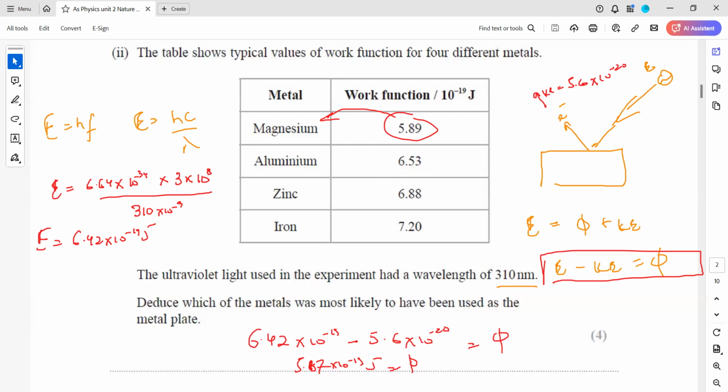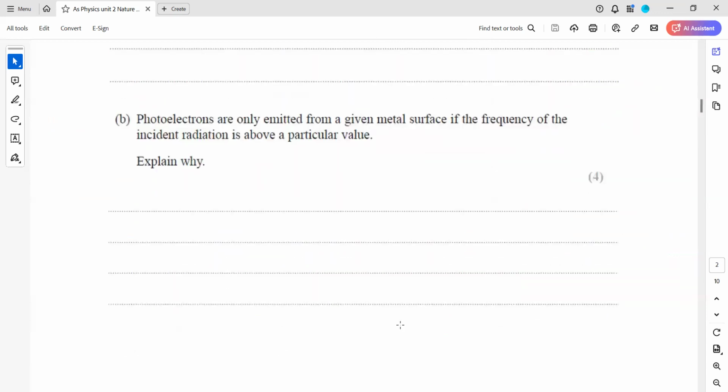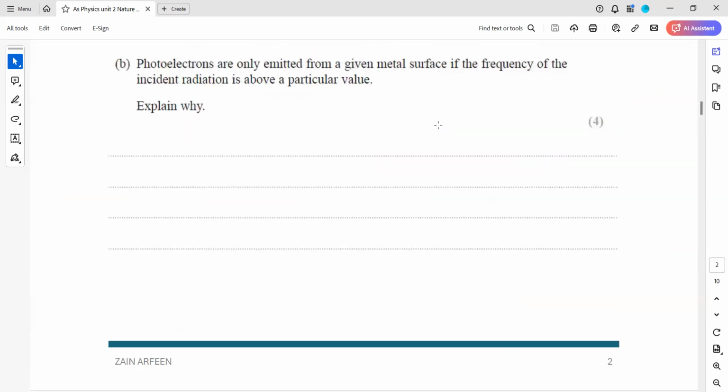The second part. The next question: electrons are only emitted for a given metal surface if the frequency of the incident radiation is above a particular value. Explain why. Basically, here you have to explain the particle nature.